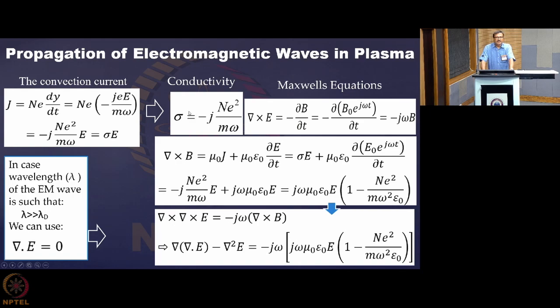Now, regarding the conductivity, we have arrived at the expression sigma is equal to minus j n e square by m omega. And what do Maxwell's equations give us? We have used two Maxwell's equations. One is curl E equal to minus del B del t, and the other is curl B equal to mu 0 J plus mu 0 epsilon 0 del E del t.